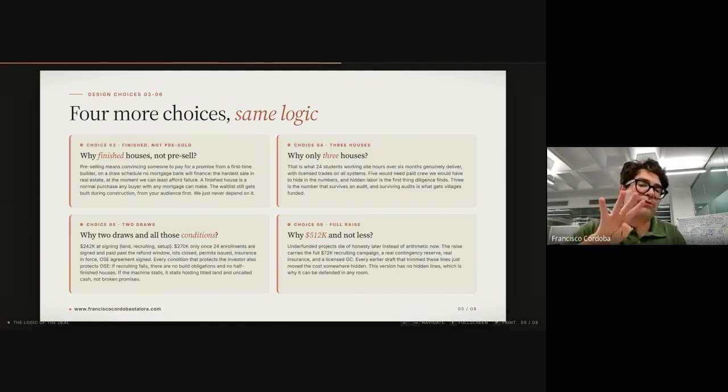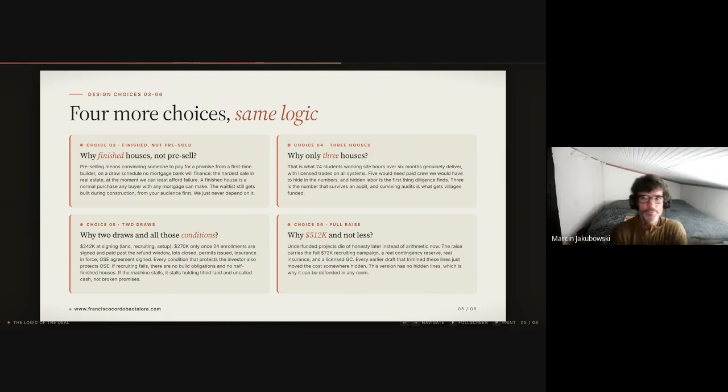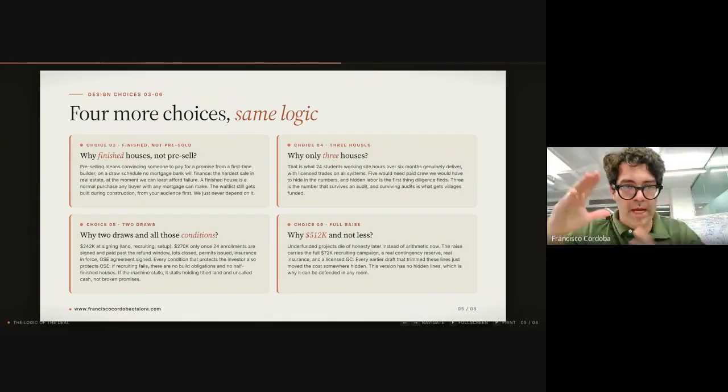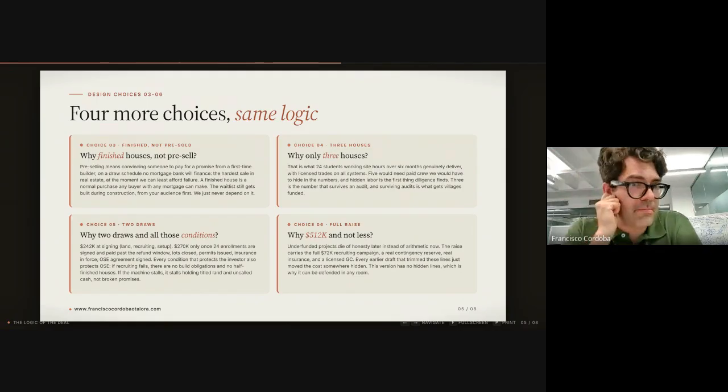So month 4 the first house, month 5 the second, something like that. Or you could tell me, no, Francisco, we really need 5 months, and then the last month is the building of the third house. There are many ways to do it, but I think 3 is a nice number from an investor's perspective, and from the capacity and capability.